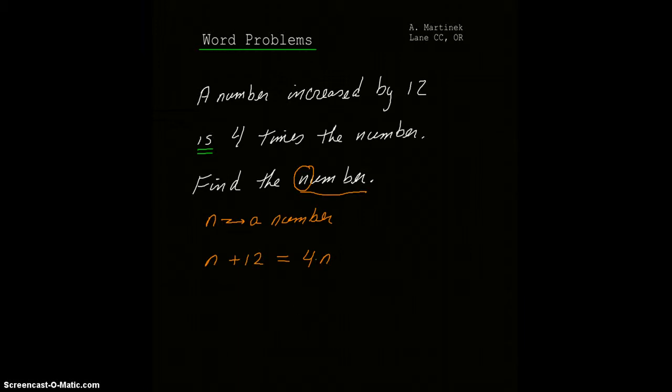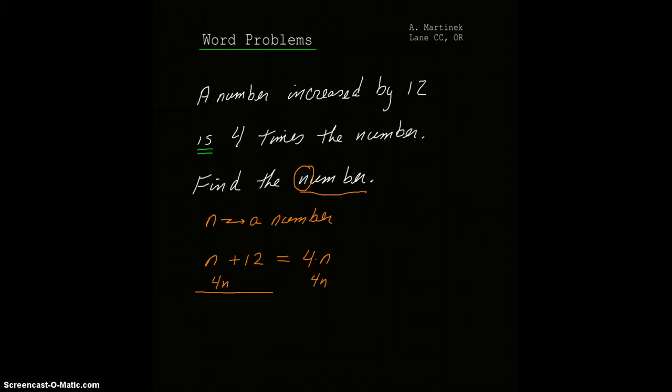So now I'm going to solve this just like I would any other linear equation. Do you remember how to do these? I'm going to move all the variables to the left. Using addition, I'll add 4n to this side. Oops, I made a big mistake, didn't I? I don't want to add 4n. I have 4n, so I'm going to subtract 4n.